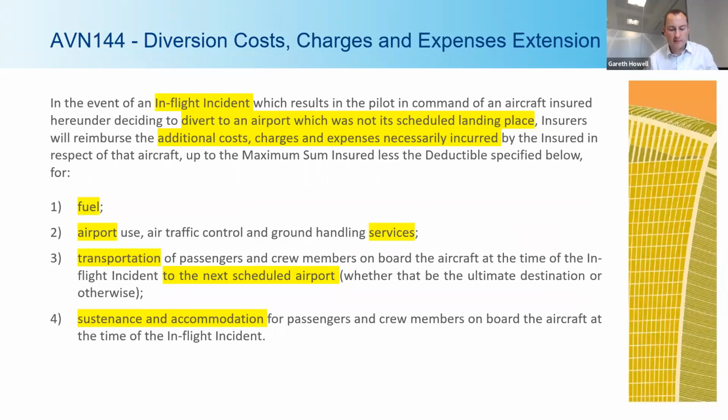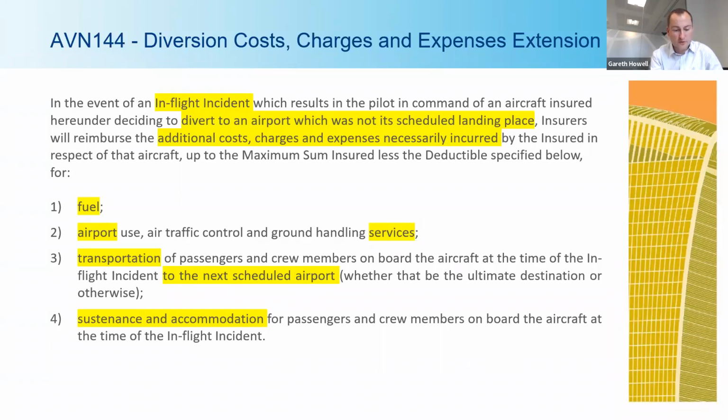I mentioned just a moment ago about diversion expenses. And AVN 144 is the most recent clause published by AICG and came on the back of a market request to look at diversion clauses that were in the market, because there was no AVN clause prior to AVN 144 being published, but there were diversion expense clauses on a number of airline accounts with various different wordings.